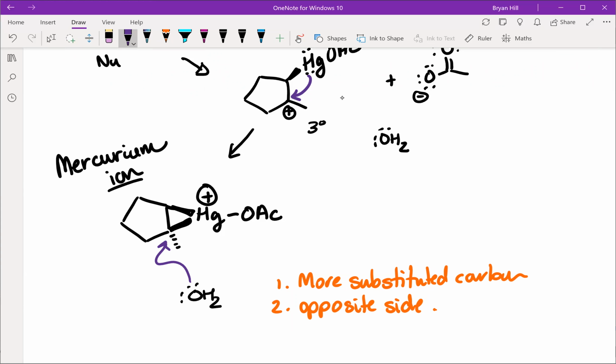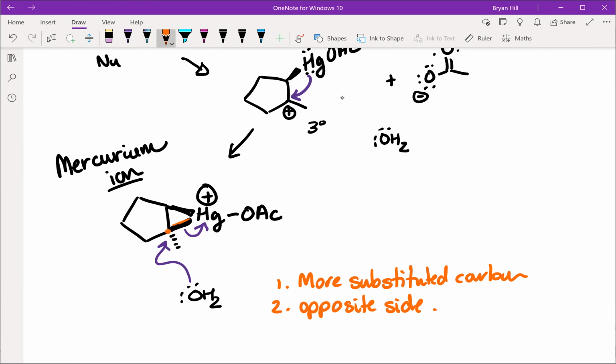It's SN1-like in the sense that it's attacking the more substituted carbon, but it's SN2-like in the fact that it's attacking from the opposite side. Remember this little bond here is weaker than a normal bond. So this positive charge is technically shared amongst the mercury and the two carbons, but the bond to this carbon is the weakest, because it can better stabilize that partial positive charge.